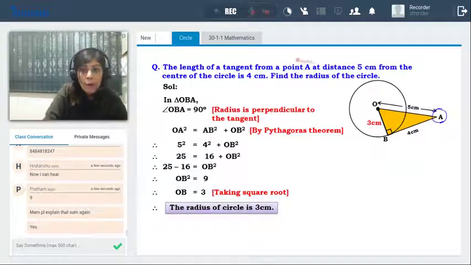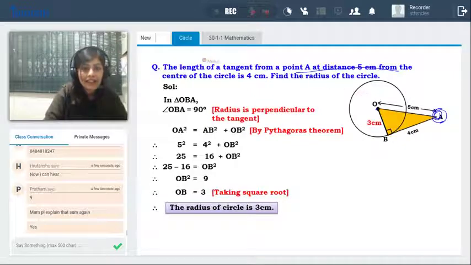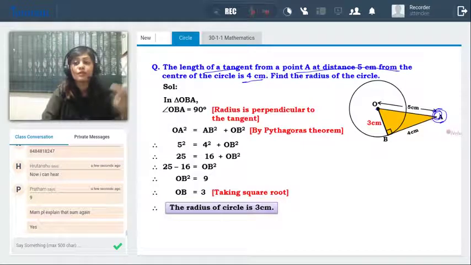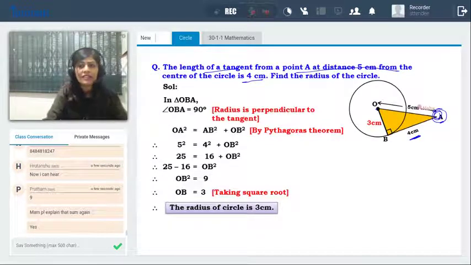Point A is at a distance 5 centimeter from the center of the circle. So this A is at a distance of 5 from the center. So OA is 5. And they said, now pay attention, length of the tangent is 4. That is how your sentence formation goes. That's how we know that AB, which is the tangent, is 4. Find the radius of the circle.